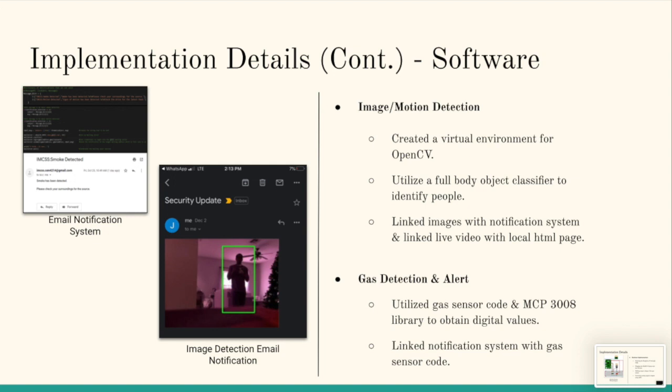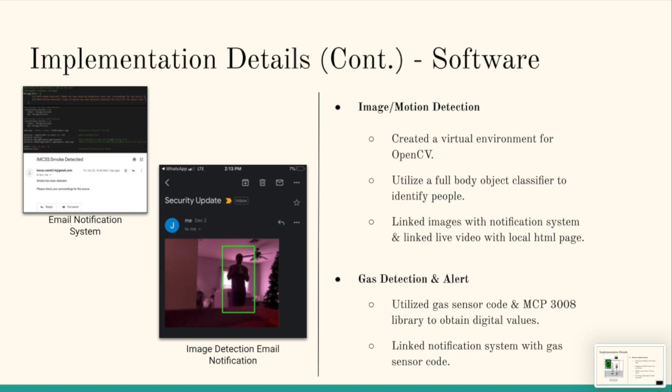For the gas detection and alert, we took a pre-existing gas sensor code, and since we were able to obtain the digital values of the gas sensor, we created some gas value thresholds so that we could understand when gas was being exposed or detected.